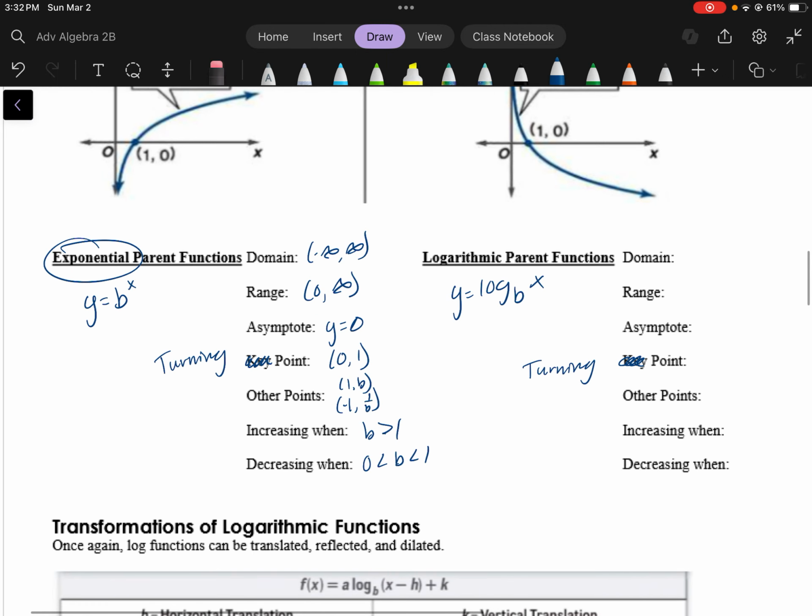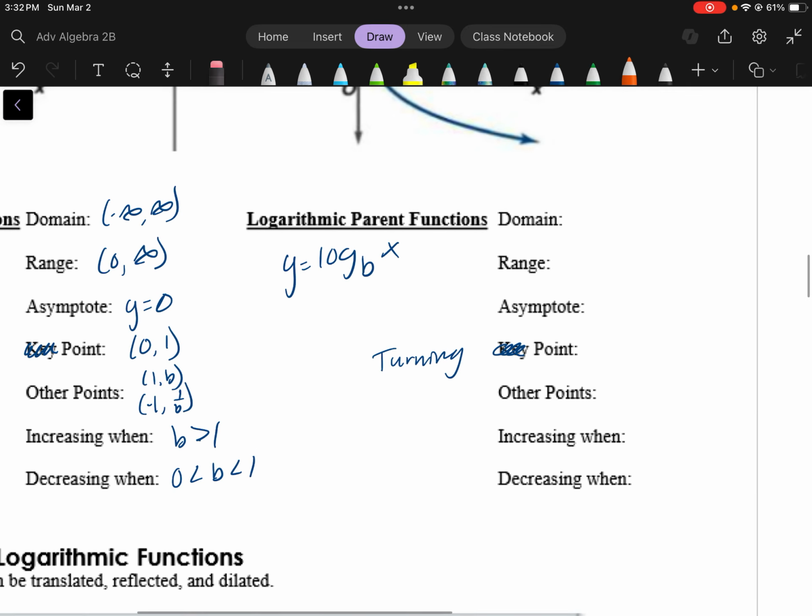But now we're going to apply our reflecting over the y equals x principle, and write the key characteristics of the logarithmic. So the domain and range switch. This becomes 0 to infinity for the domain. The range is negative infinity to infinity. The asymptote is no longer y equals 0, but it's x equals 0. If you switch x and y for your turning point, you're at 1, 0.